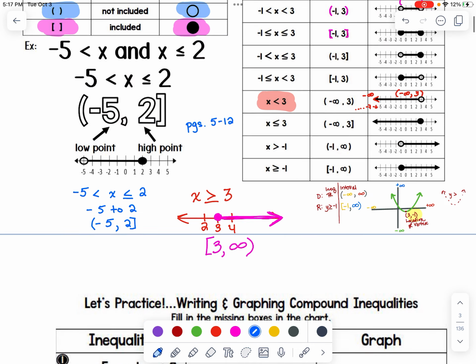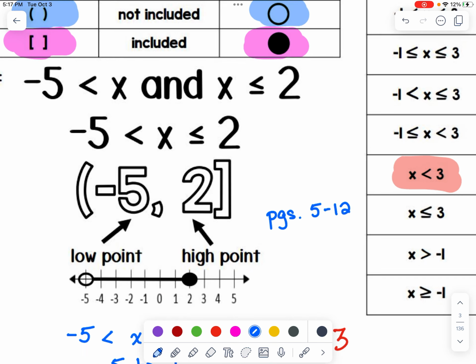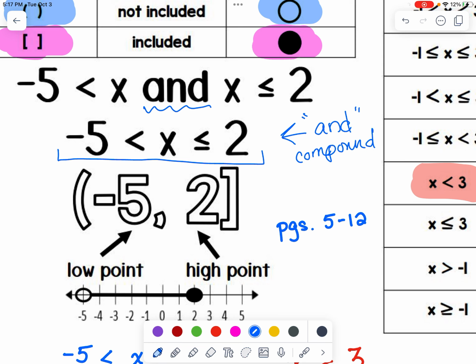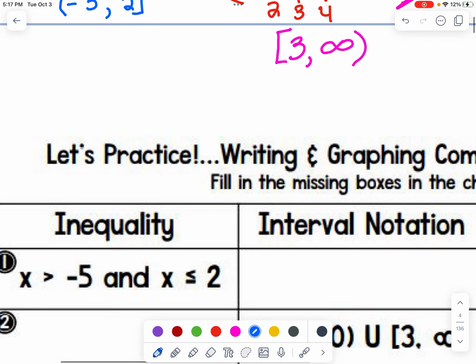Currently, what we've done here, this is an AND equation. So you guys see this is an AND equation, right? So that's an AND type of compound inequality. So let's look at the OR.